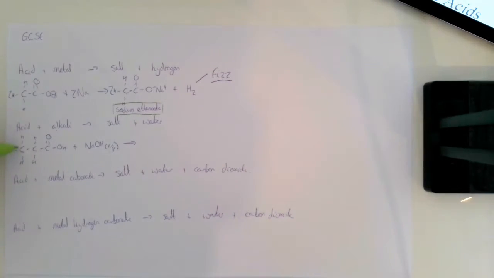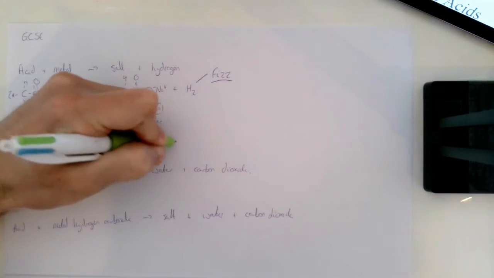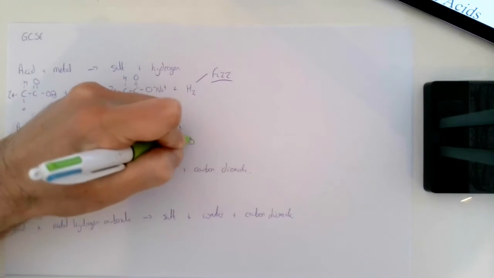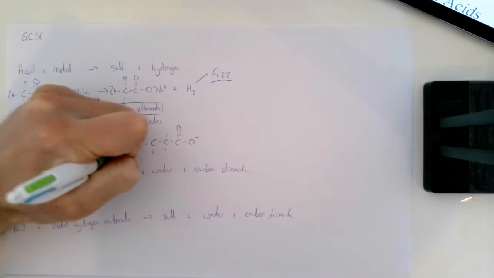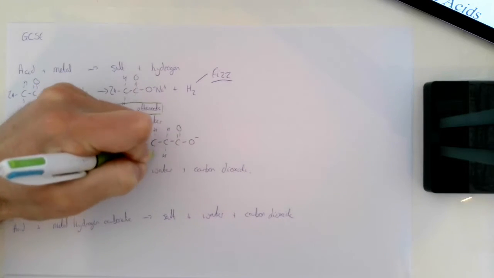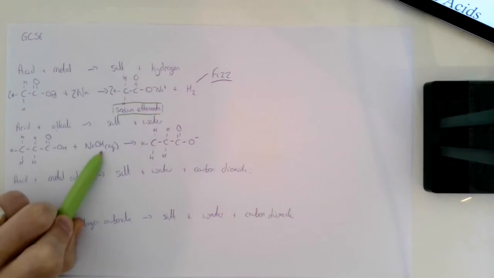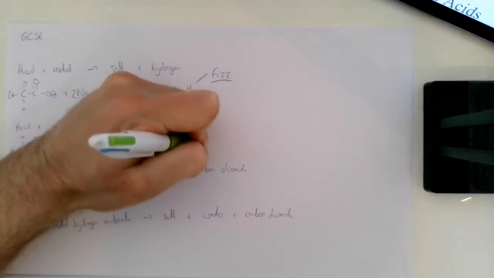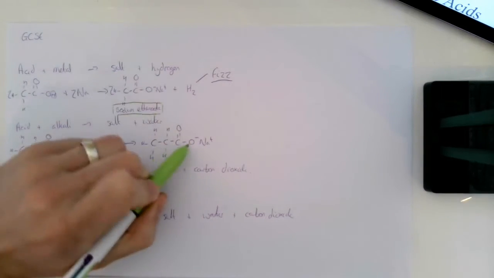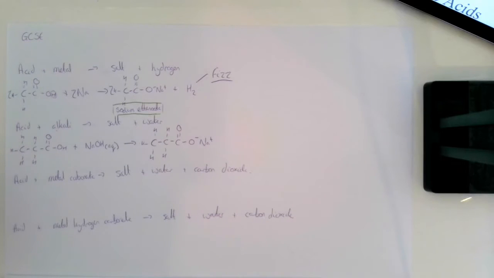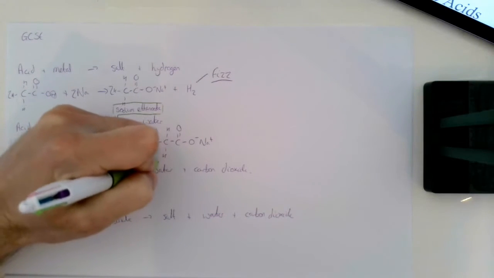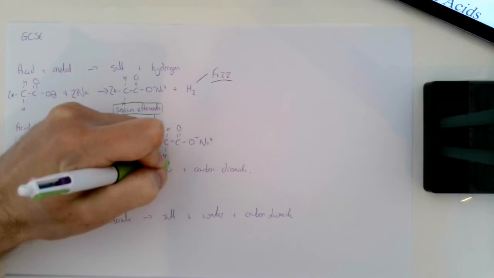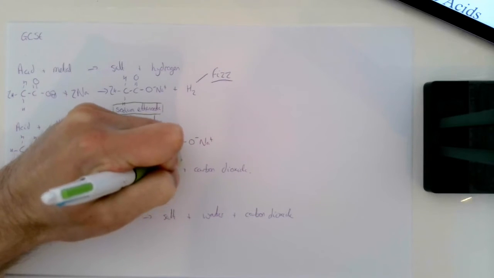It's going to make a salt, same thing happens as before, O minus like that, and then the Na plus goes and joins. So now hopefully you can guess the name of that thing. It is sodium propanoate.